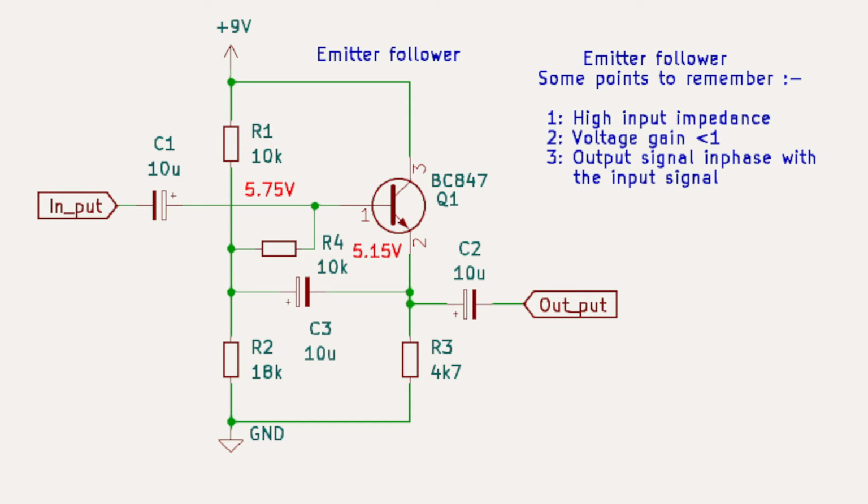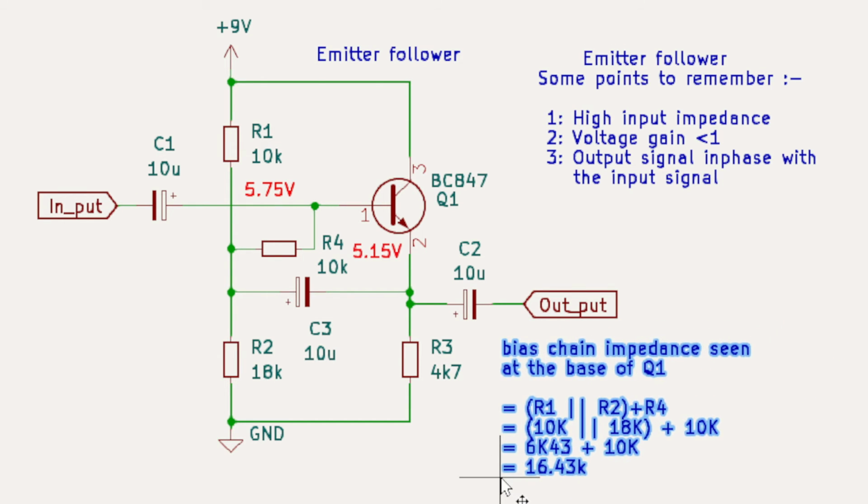Right, if we look at the bias chain impedance seen at the base of Q1, which is like this point here, the bias chain impedance is R1 in parallel with R2, as we said before, in series with R4. So we get 10k in parallel with 18k, 6.43k, plus the 10k, so we effectively have 16.43k AC wise if you look in to here.